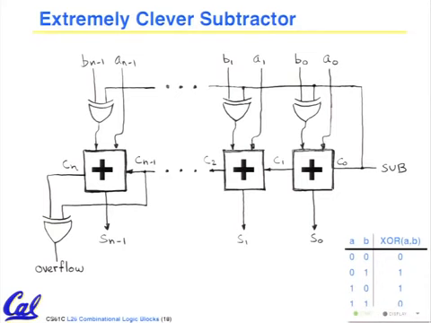A minus B is also what? A plus negative B. Is there a way to make B negative? Flip it and add 1.